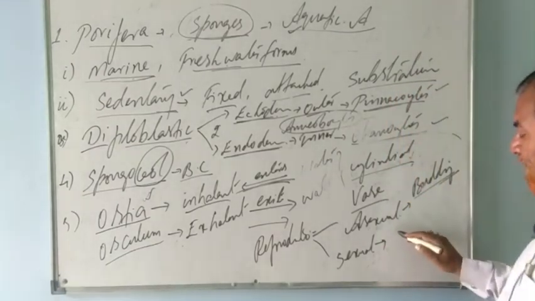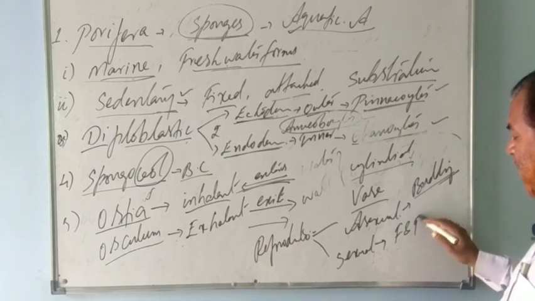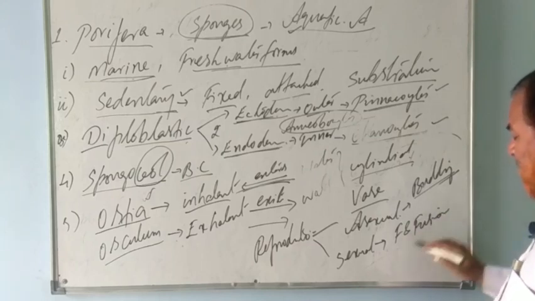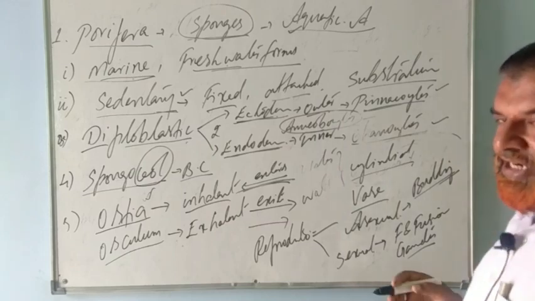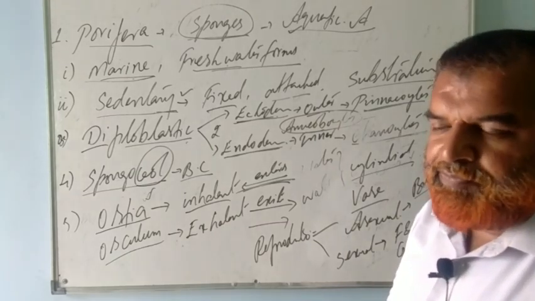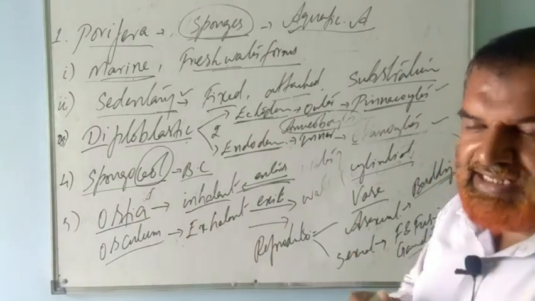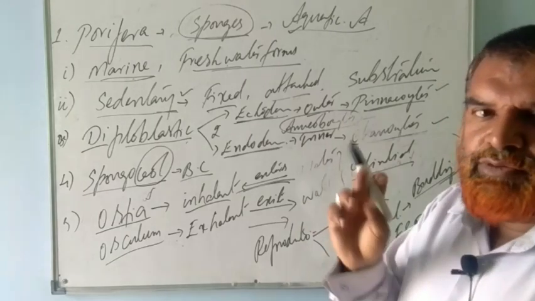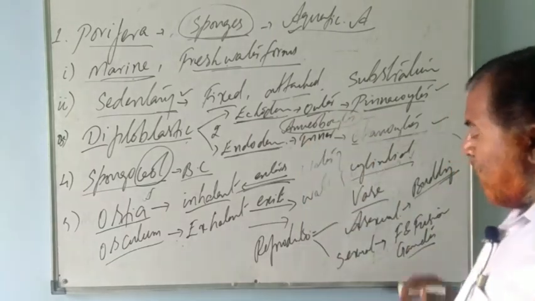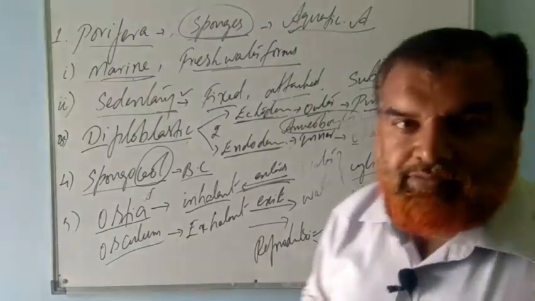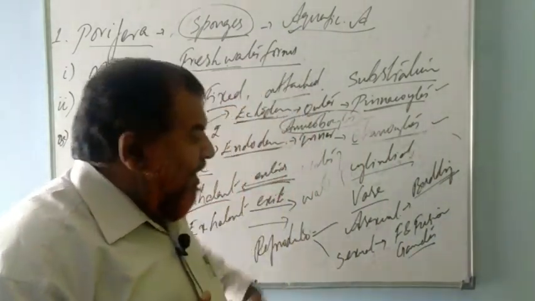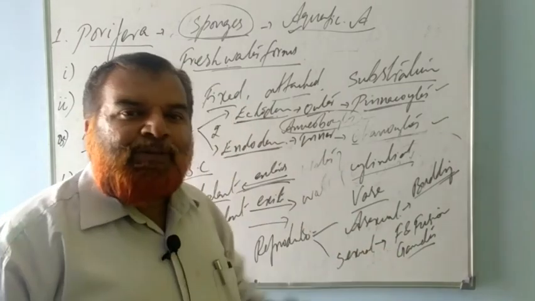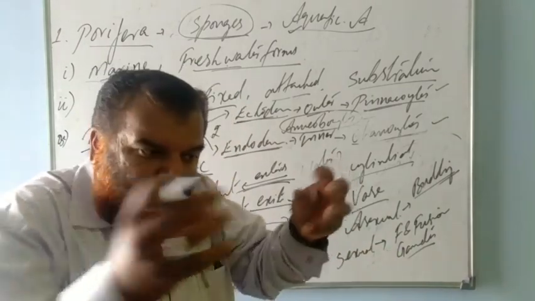Sexual reproduction takes place by the formation and fusion of gametes, sperms and eggs, ovum. We refer to it as an egg only after fertilization. So what are gametes? One is the ovum, the other is the sperm. Sperm is the male gamete, ovum is the female gamete. Not only formation, fusion should take place.